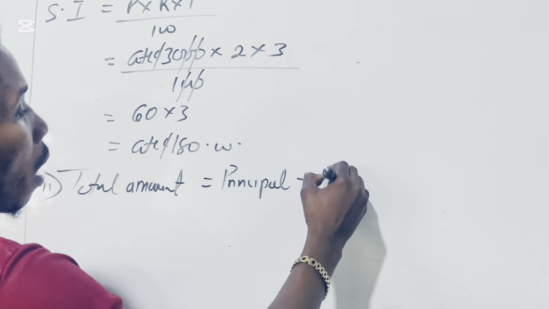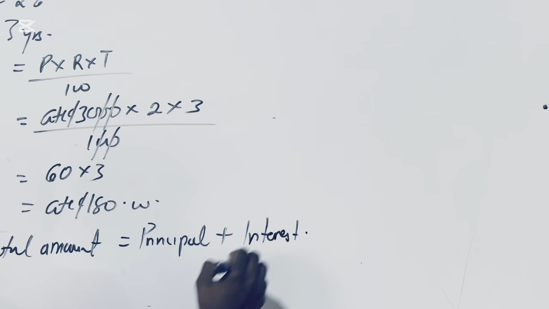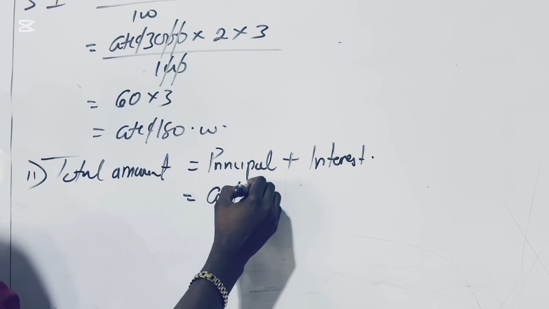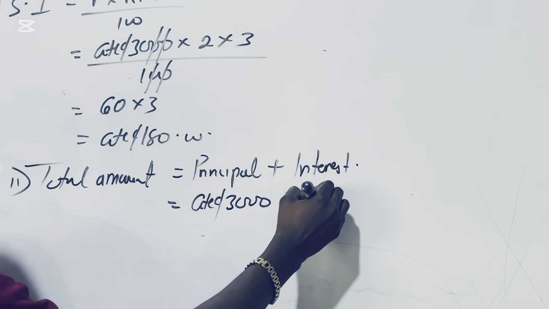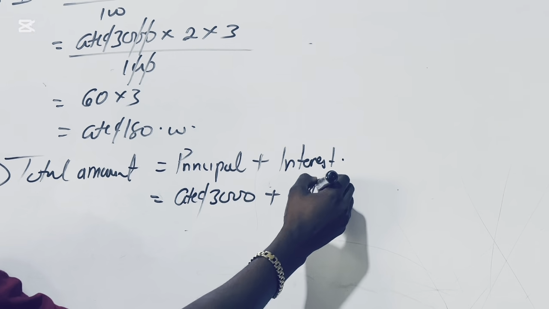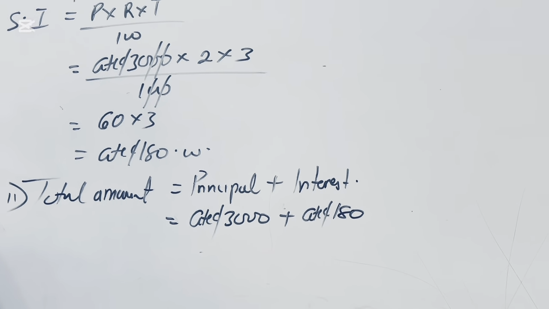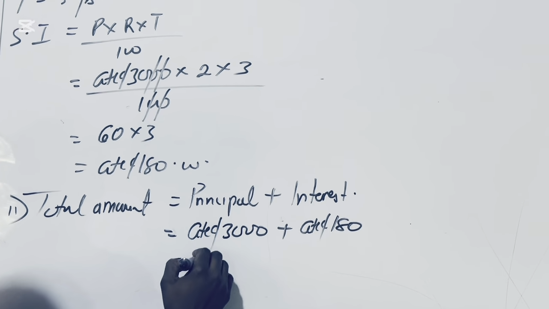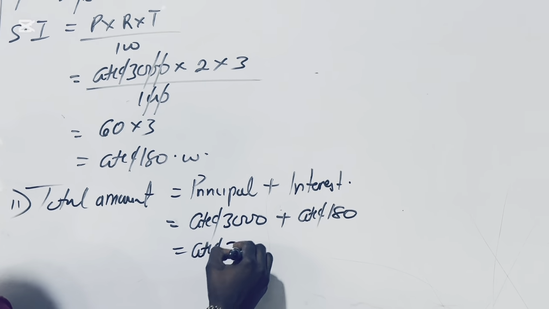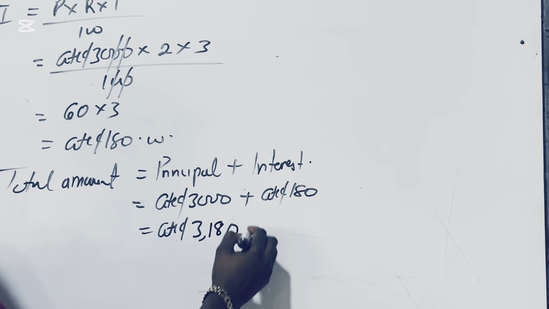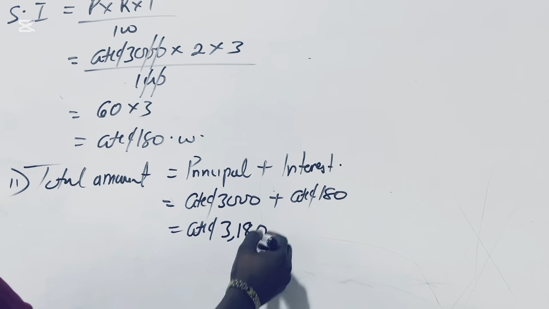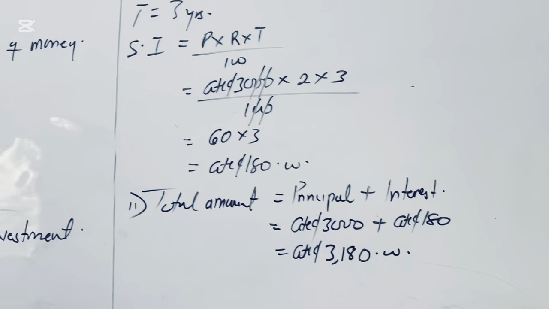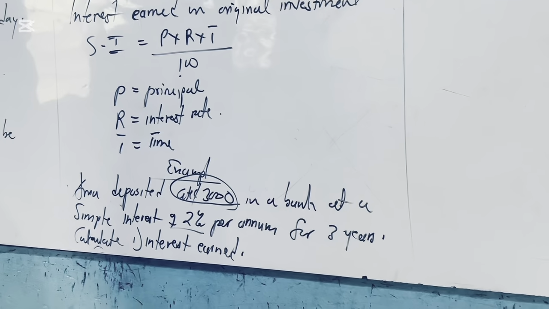So principal plus the interest earned. So here our principal is 3,000, and then our interest is 180. So here our final answer is 3,180 Ghana cedis. So if I invest this for 3 years, that is it.